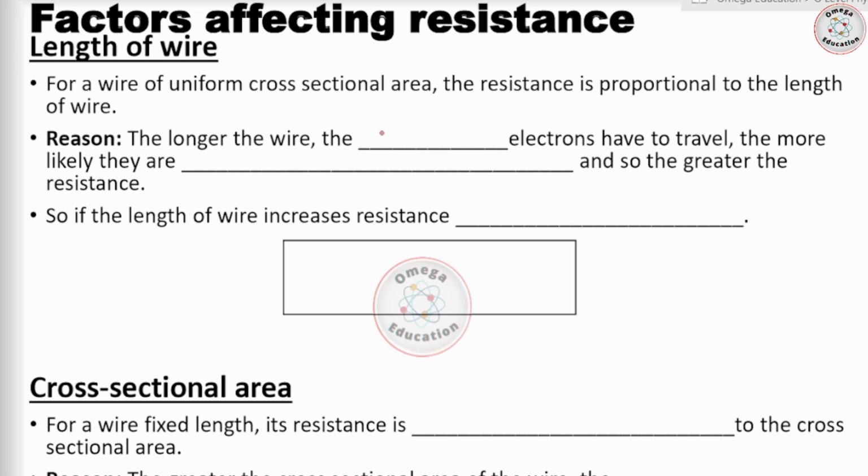So the longer the wire, the further the electrons have to travel, the more they are likely to collide with the metal ions, and the greater the resistance.